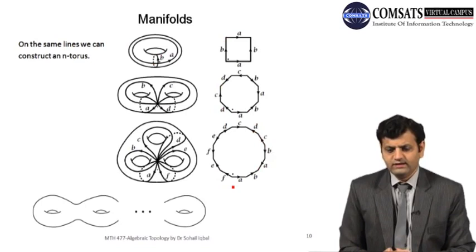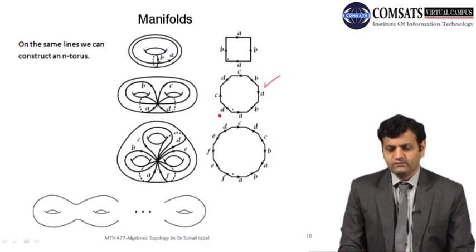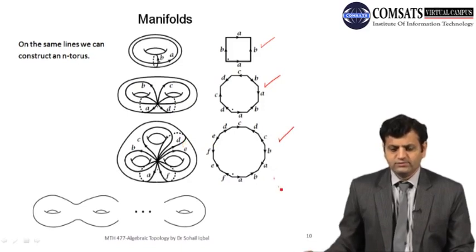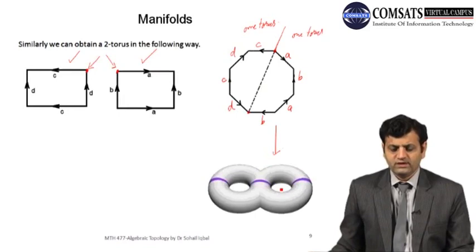In general, just like we obtained a two torus from identifying the sides of an octagon, and a one torus from identifying the sides of a square, we can similarly obtain a three torus, and so on. The procedure is going to be the same.